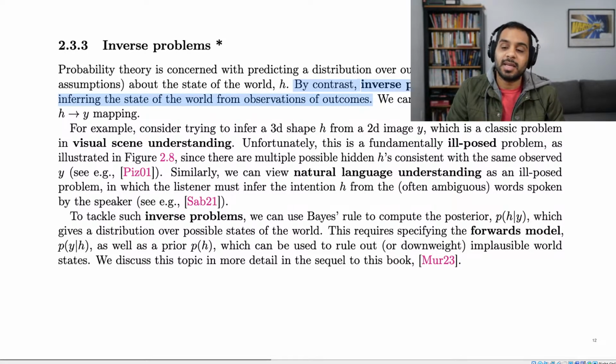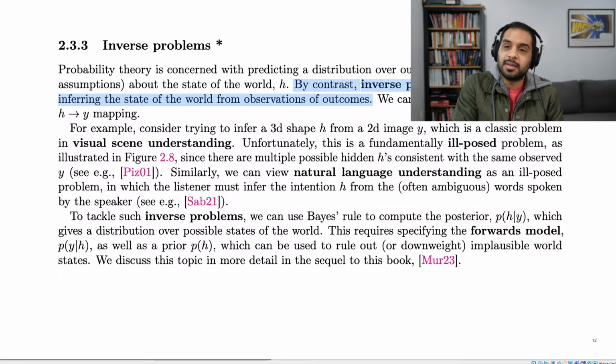We're going to be doing these inverse probability calculations, where we see observations about the position of the moon lander or the dishonest casino, for instance, and we're trying to infer what the state of the world was given those observations. This is the key change you have to make in your brain, going from probability theory to what we're doing here.